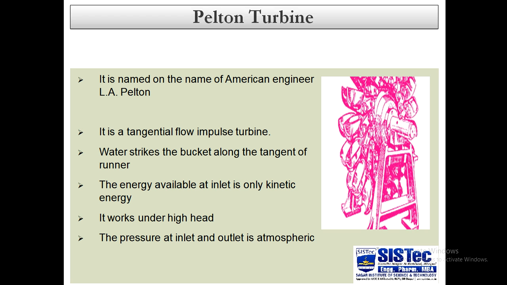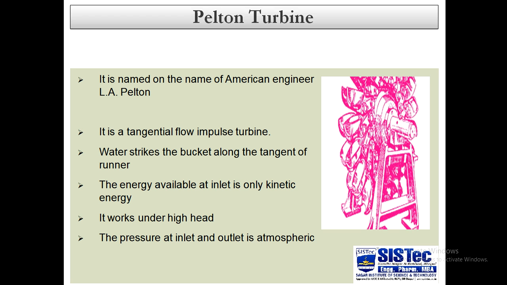Next, the energy available at the inlet of the turbine. Where the penstock is ending, a nozzle is provided. This portion is called the inlet of the turbine. The energy is in the form of kinetic energy, so it is based on kinetic energy conservation.